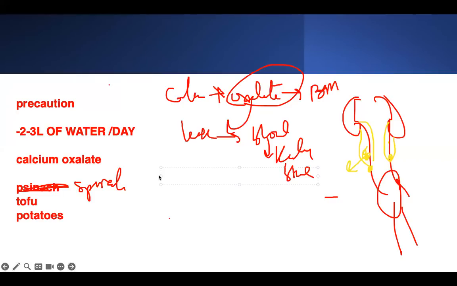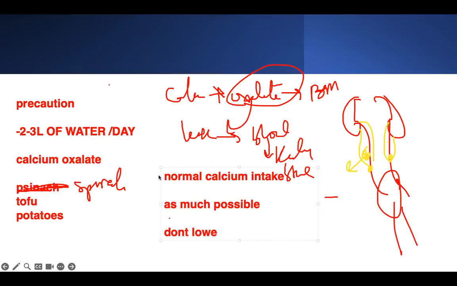I want you, okay, to make sure you have normal calcium intake as much as possible. Don't lower your calcium, even though you form the stone. Because we know it's oxalate and we have to prevent more oxalate from absorption.